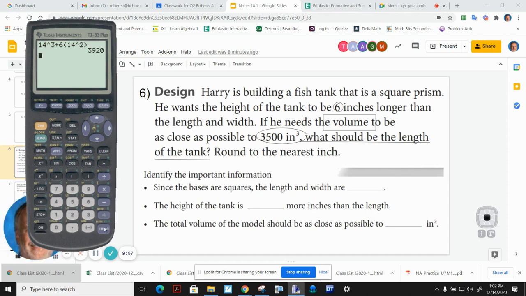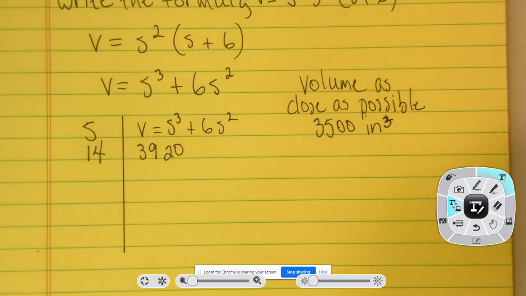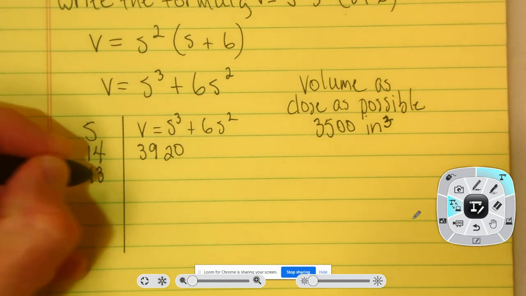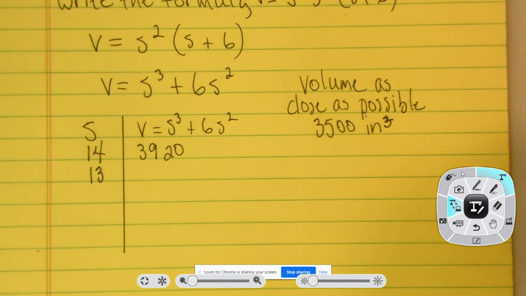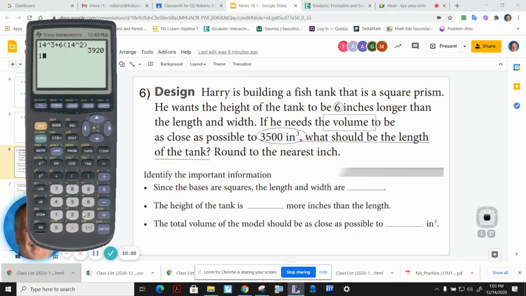I hit enter, and it's 3,920. That's a little too big for the volume, isn't it? Remember, I wanted my volume to be 3,500. So I try a smaller number. I try 13: 13 to the third power plus 6 times 13 squared. I hit enter and get 3,211.